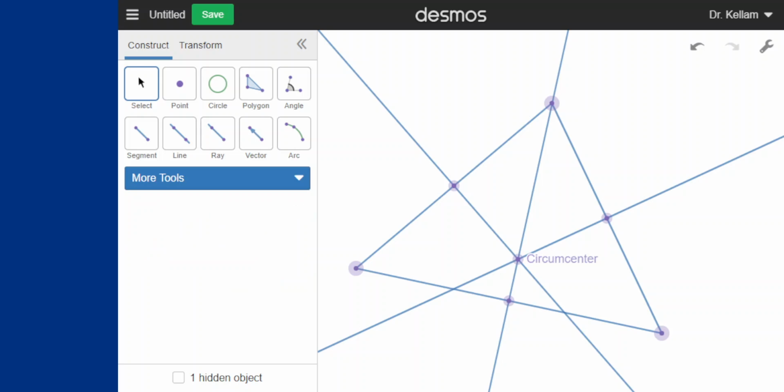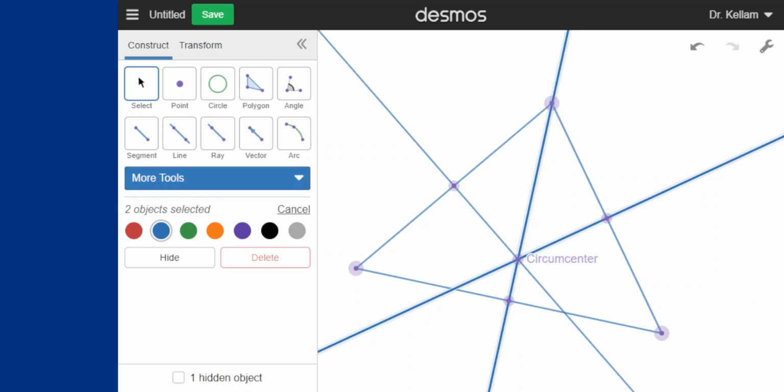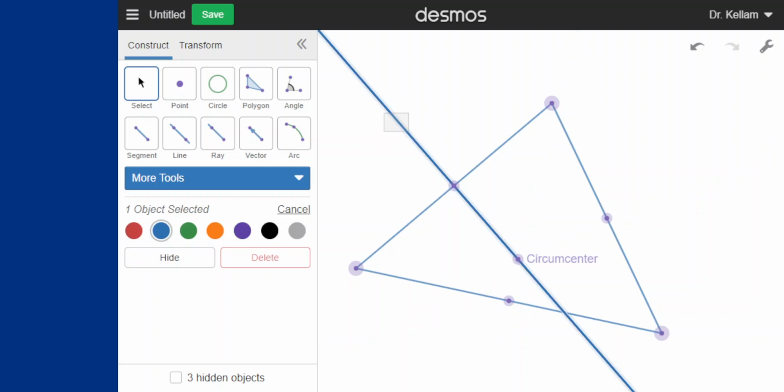And here's the thing about the circumcenter, which now that I have the circumcenter labeled, we know that it's where these three perpendicular bisectors are intersecting. I am going to hide my perpendicular bisectors just to make the next image a little bit easier.